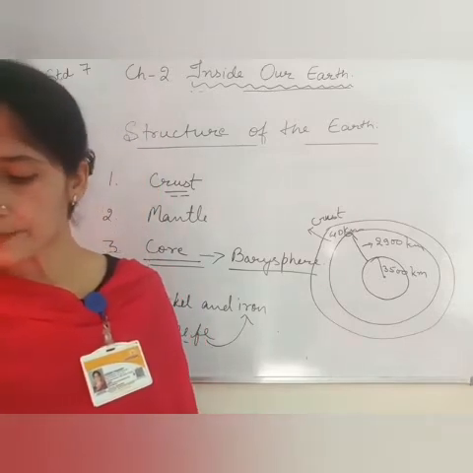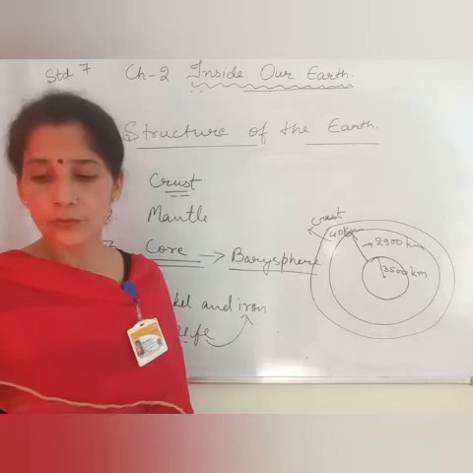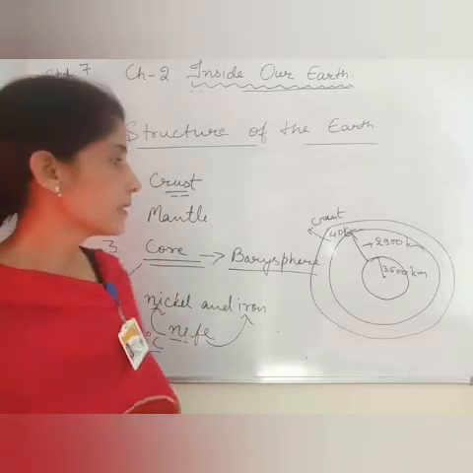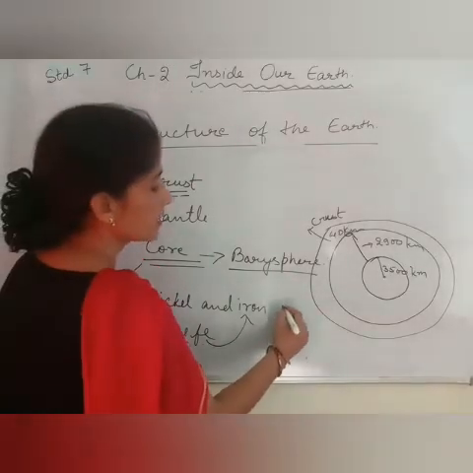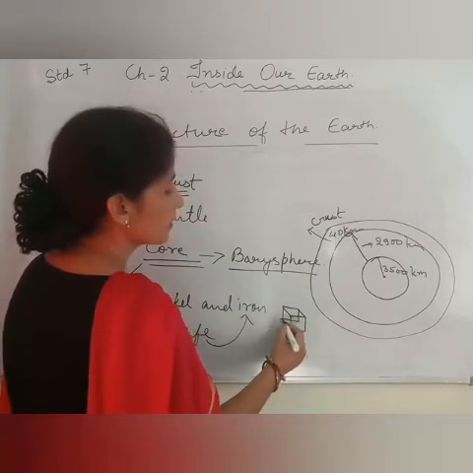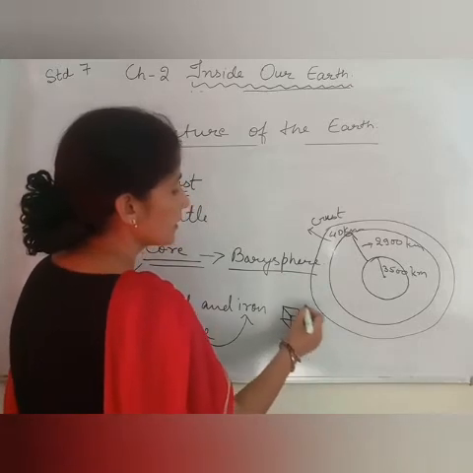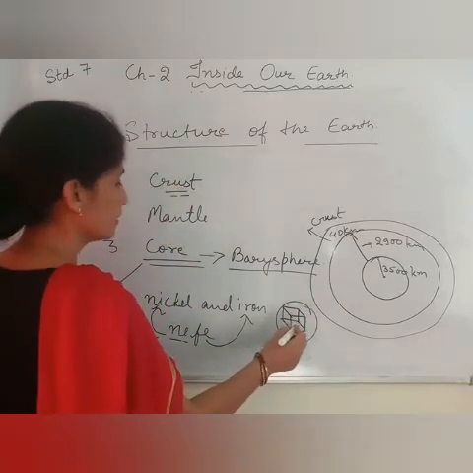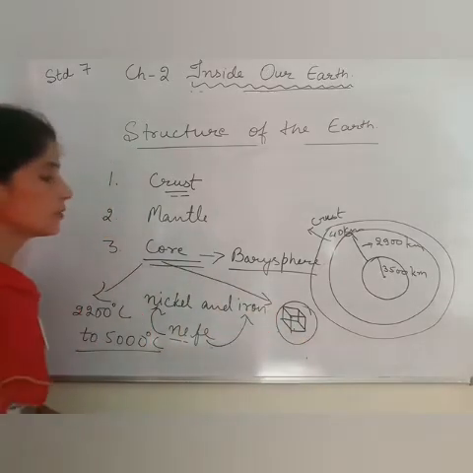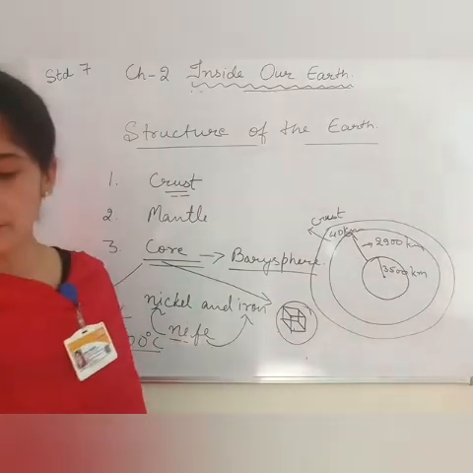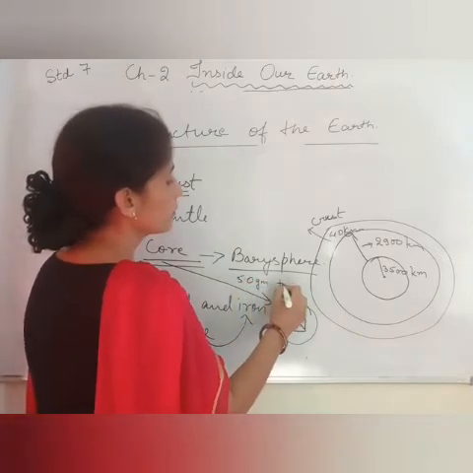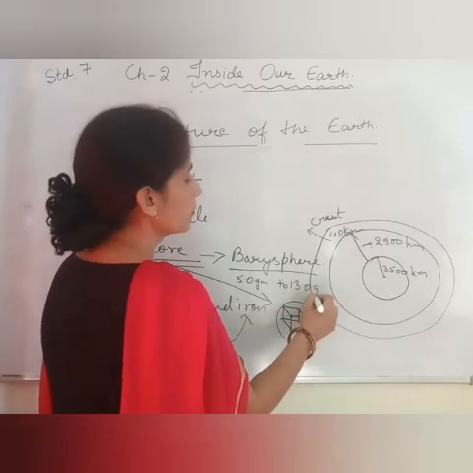The average density ranges between 5.0 gram to 13.0 gram per cubic centimeter. इसका जो वेट होगा, the weight of this portion of the core part, वो होगा 5.0 ग्राम से लेकर 13.0 ग्राम तक.